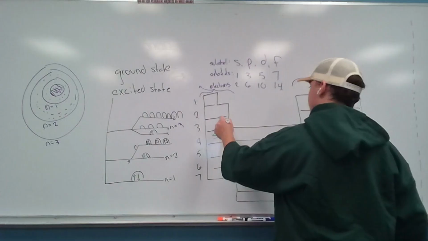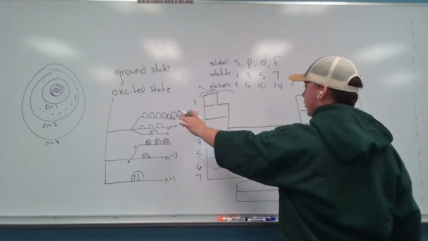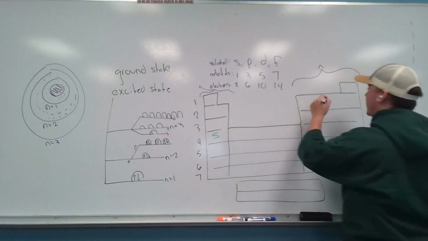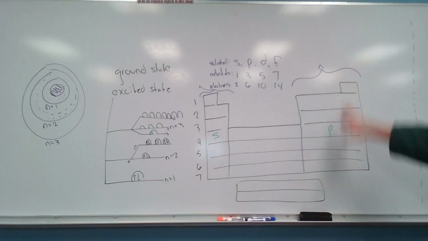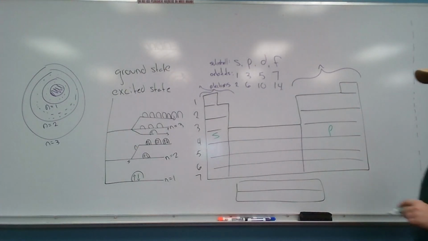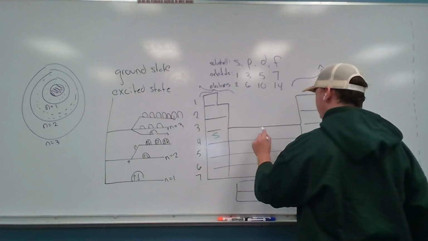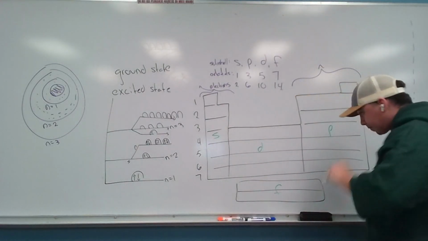This is because the S subshell fills up first. Hydrogen, remember, the subshell that's first. This is the P block, right? So this chunk of the periodic table is called the P block. This, the transition metals, are the D block, and this one down here is the F block. No one cares about the F block.